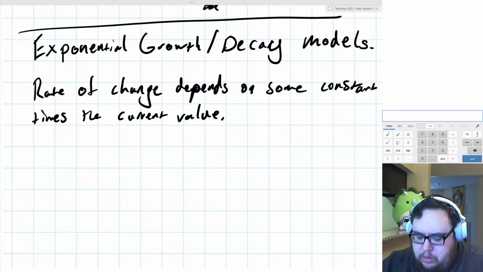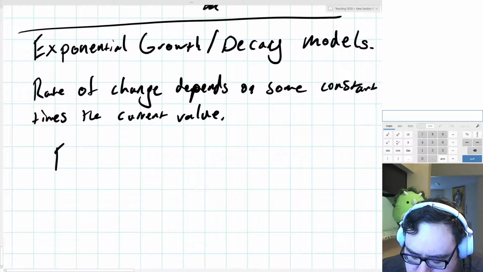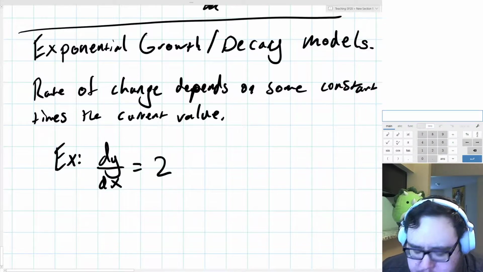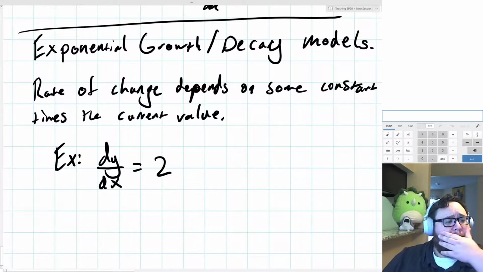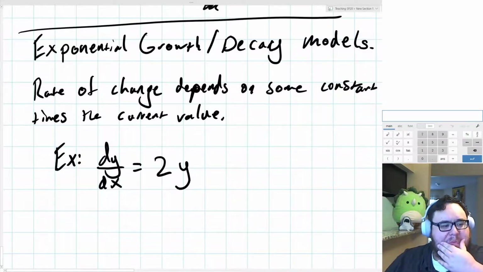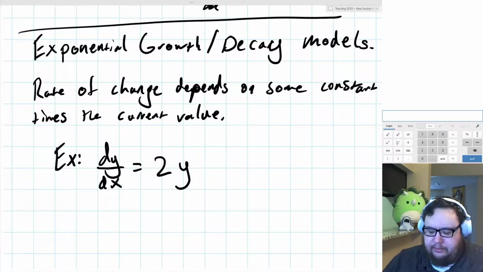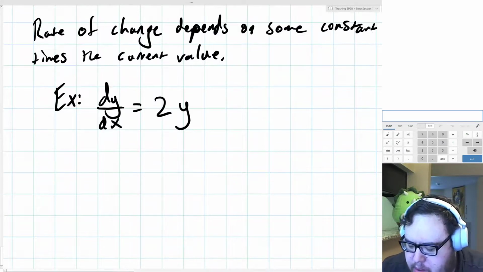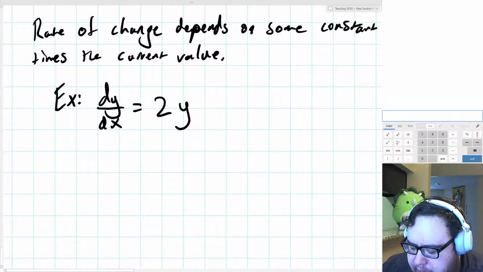So, for example, dy over dx, the rate of change of y with respect to x, is equal to 2 times the current value of y. So if dy dx is equal to 2y, then this is a differential equation that can be solved, right?